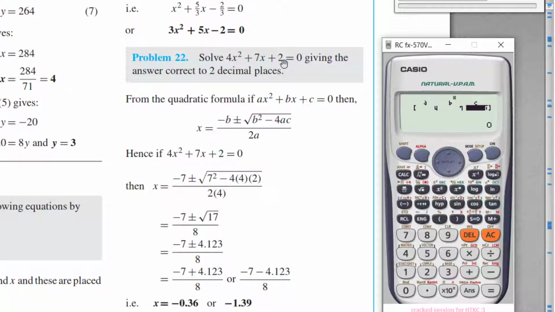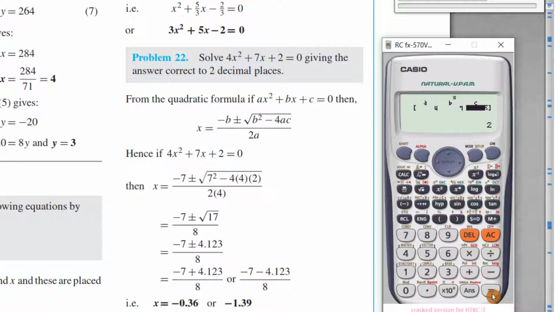Regarding c, it has to be on the left-hand side. If it is on the right-hand side, you should bring it to the left-hand side and change its sign. Here we have positive, so I choose 2.